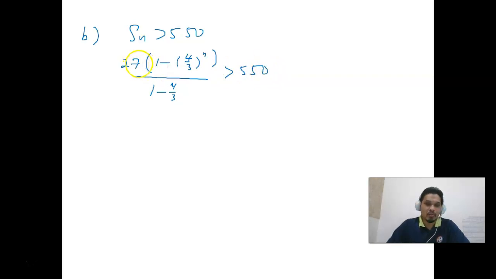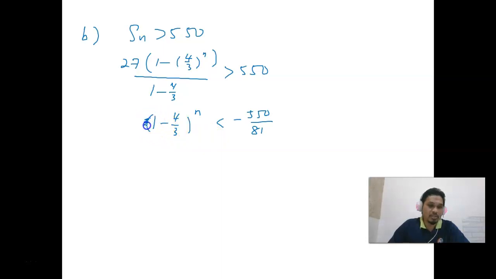Divide by 27, and 1 minus 4 over 3, or 3 over 3 minus 4, becomes negative. So bring to the other side, it will change the direction of the inequality, and we get 1 minus 4 over 3 to the power of n is less than negative 550 divided by 81.